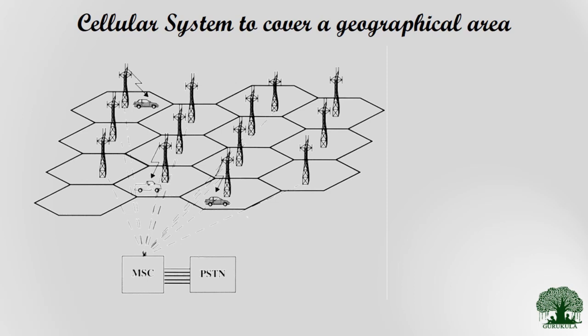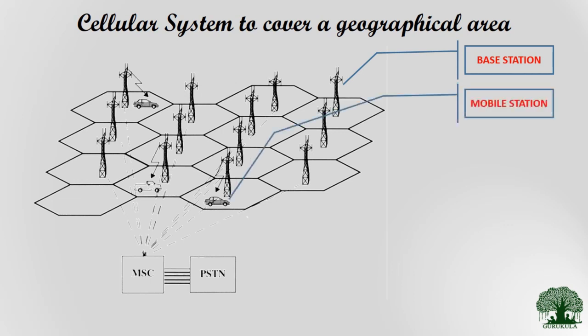As you can see in the figure, each small area is served by a particular base station, and the mobile stations, which can be any vehicle or people carrying mobile phones, move in this geographical area. This is what we call the base station, this is what we call the mobile station, and this particular area is what we call a cell.